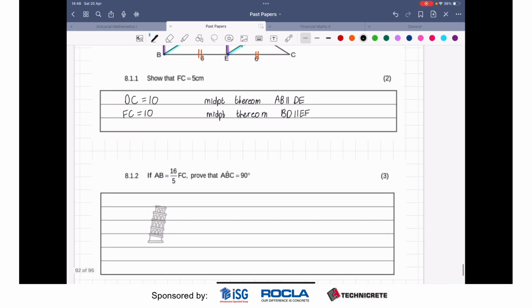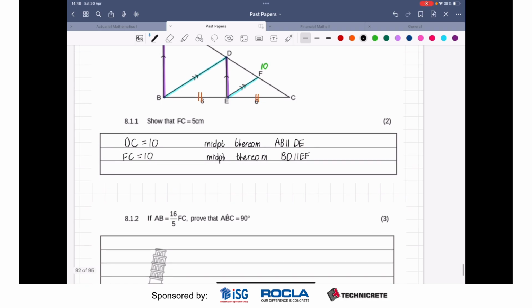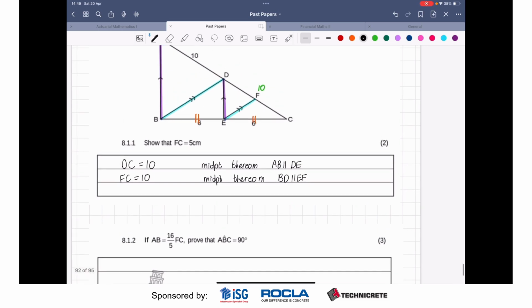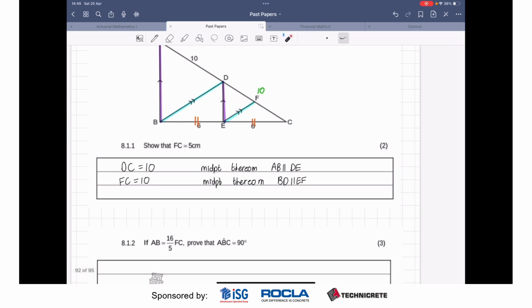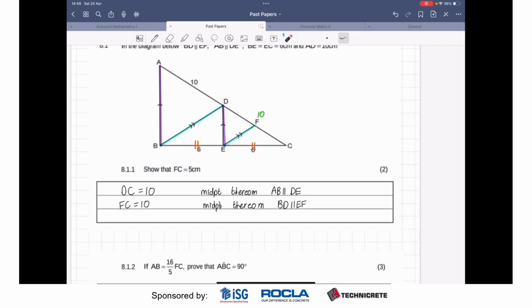Then 8.1.2, if AB is equal to 16 over 5 times FC, prove that ABC is 90 degrees, so that this angle is 90 degrees. So I know that the value of FC is 5, we've just shown that.